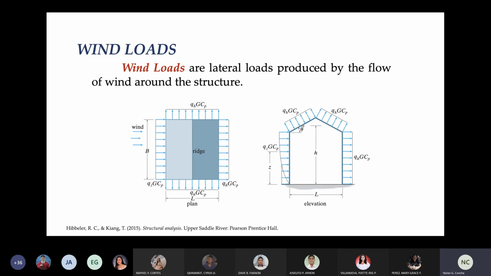And then we also have wind loads. So wind loads are lateral loads produced by the flow of wind around the structure. Nagkakaroon ka lang naman ng wind load if you are blocking the direction of the wind. Pero kung halimbawa, di ba ang ginagawa natin kapag may typhoon, binababa natin yung mga tarpaulin, no? Yung mga billboards tinatanggal natin para hindi siya mag-block ng direction ng wind.